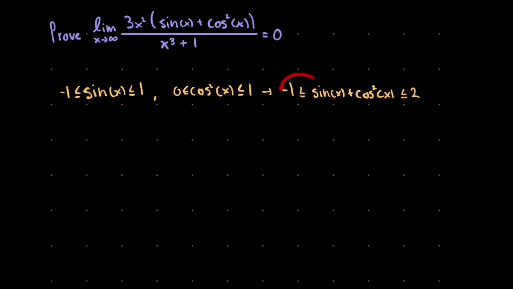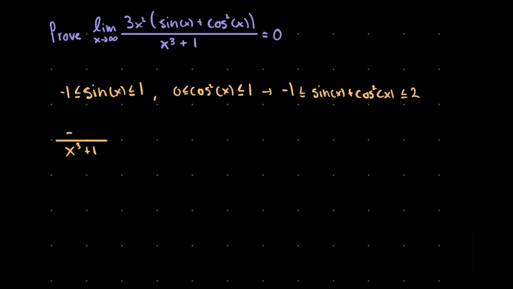Now, we have our basis, and we want to transform this to look something like this equation. So let's start with that. We'll divide both sides by x cubed plus 1 and multiply both sides by 3x squared. We get the following result. On the left-hand side, we have negative 3x squared all over x cubed plus 1.